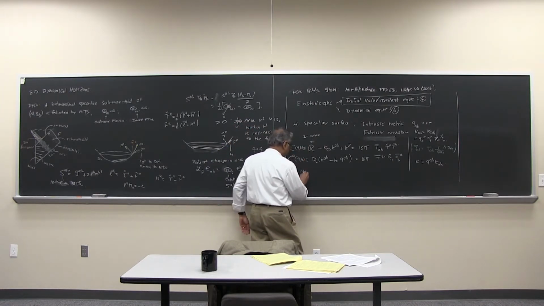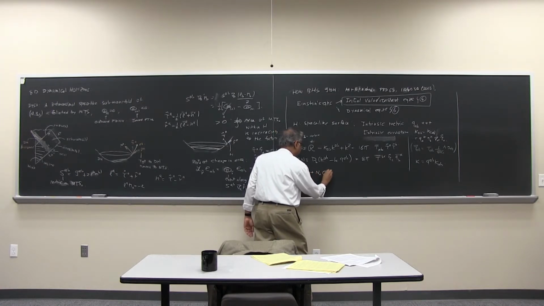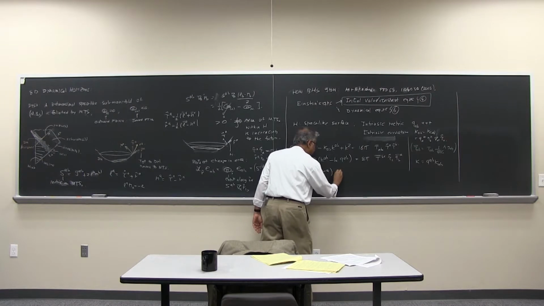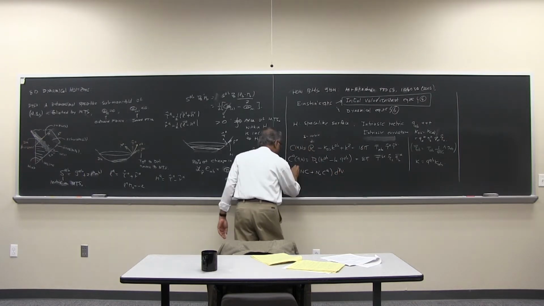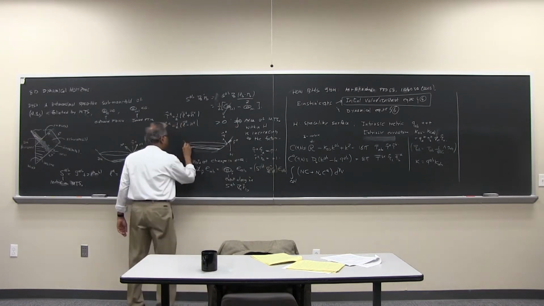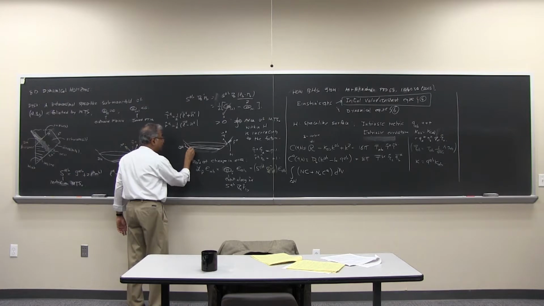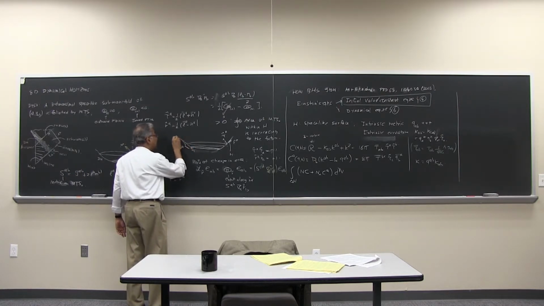So N times C is N^A times C_A. And I'm going to integrate it over a portion of the dynamical horizon. So this is delta H, the portion of the dynamical horizon enclosed between two marginally trapped surfaces, S1 and S2.